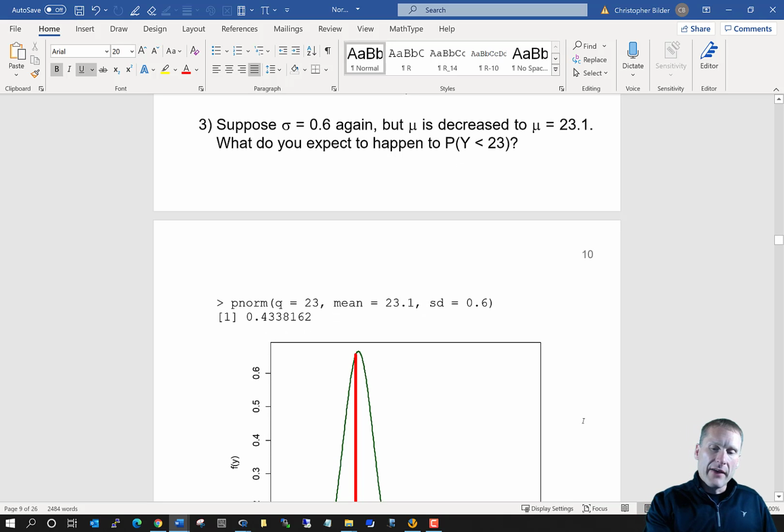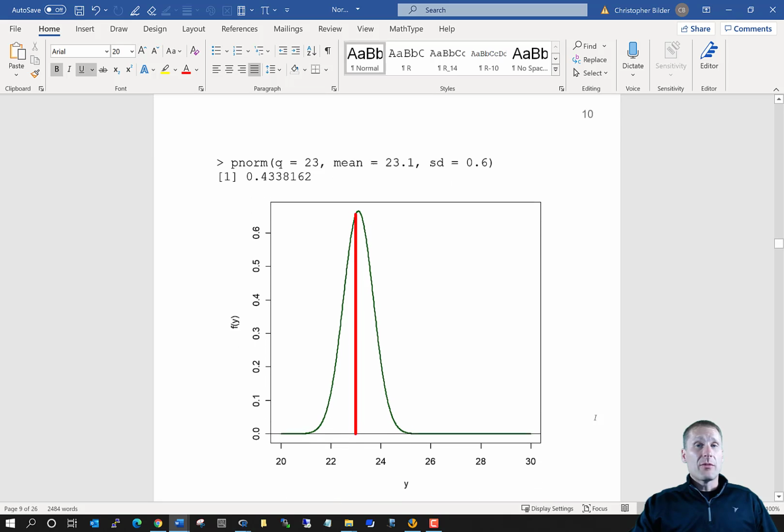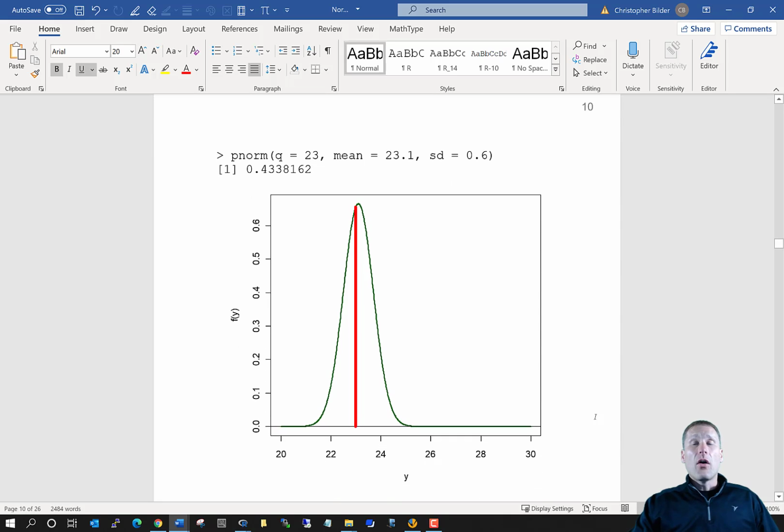Well, let's go back to having sigma equal to 0.6 again. But now mu is decreased to 23.1. So notice how the location of that probability distribution is now moving over closer to where 23 is. And again, without even plotting, without actually even finding the probability, you should have an idea that this is going to be larger than what we had originally when it was 0.015.